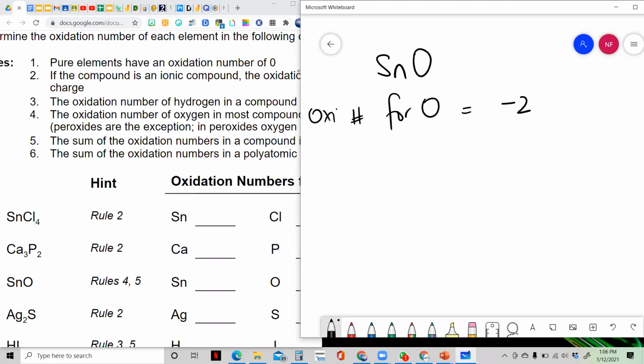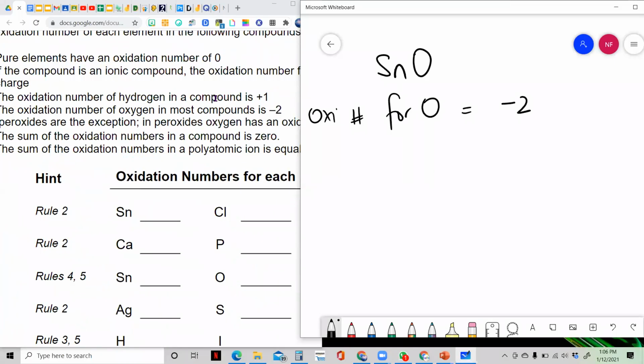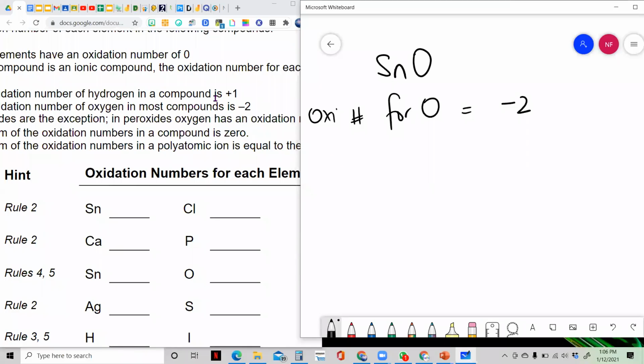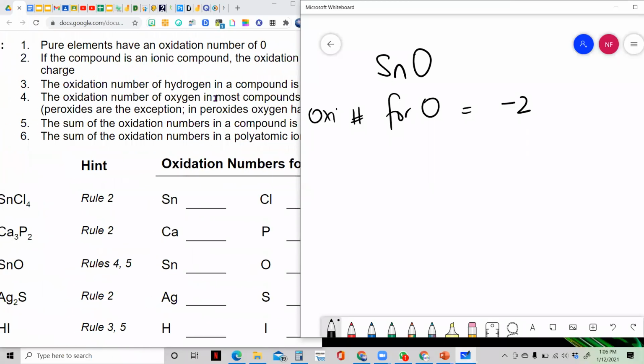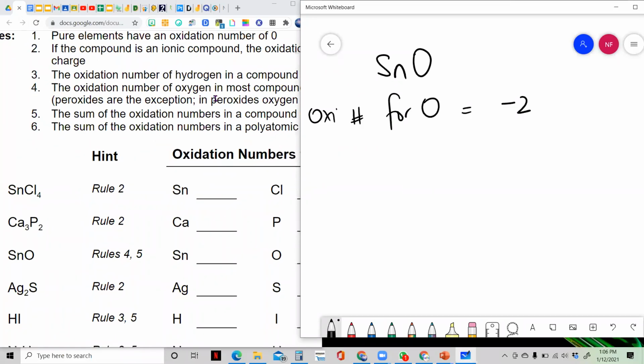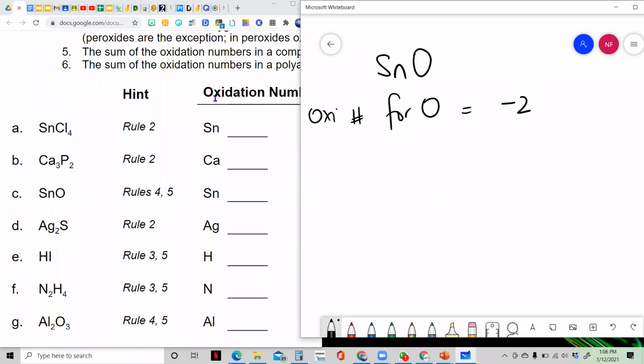Rule 5 says the oxidation numbers in a compound add up to 0. SnO is a compound, and we know one part of it: oxygen is -2. We need to figure it out for tin.